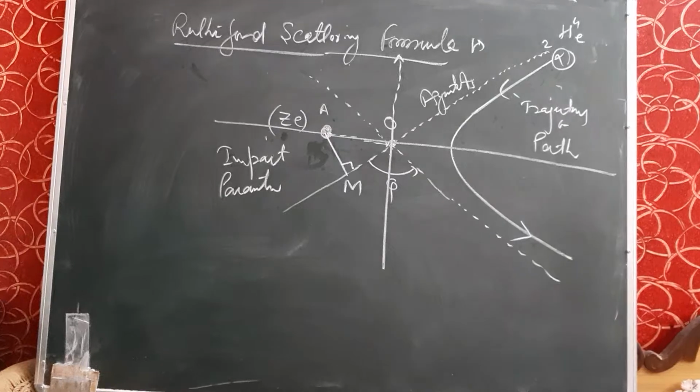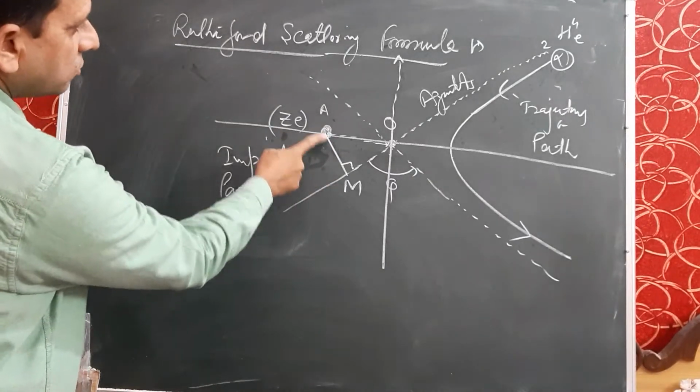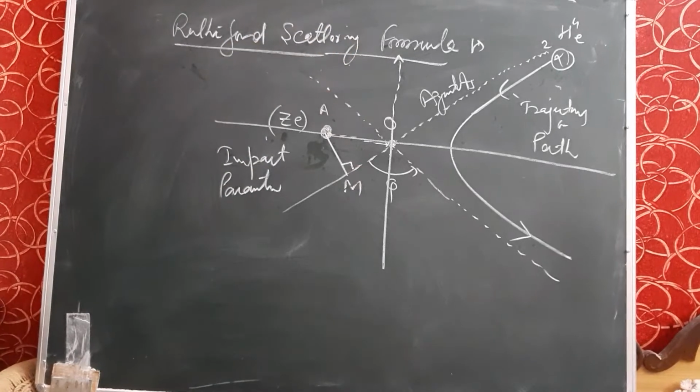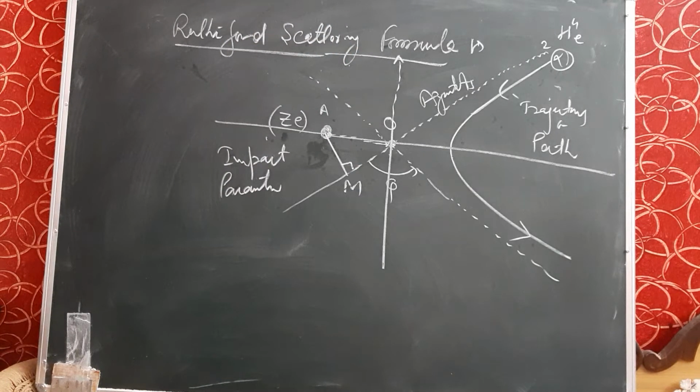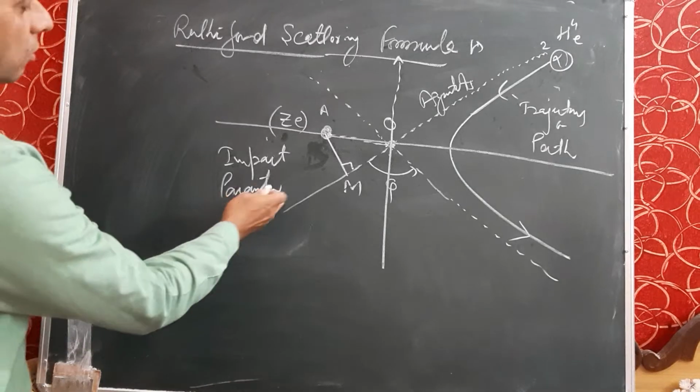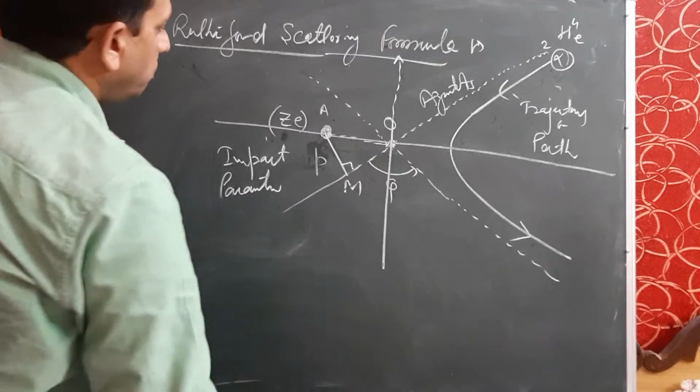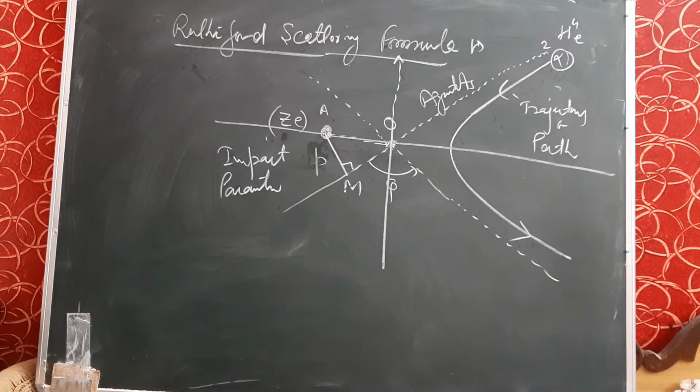It is just the perpendicular distance from the nucleus to the line along which the alpha particle is incident towards the nucleus. It is mostly written as P or b. I am using the symbol P for the impact parameter.